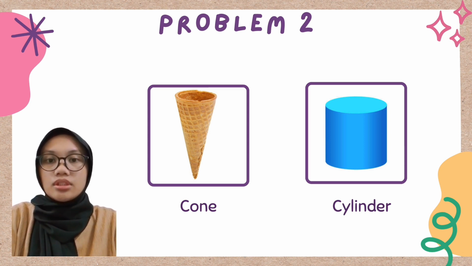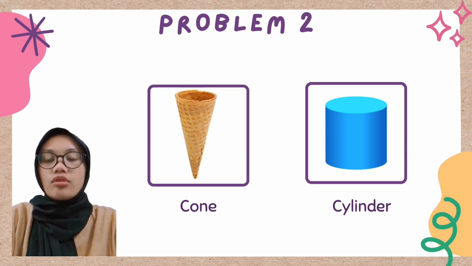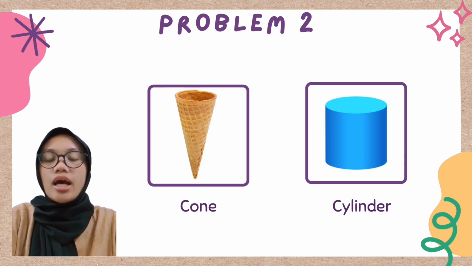For example, people can stand the ice cream on the table while opening the bottle's cap to drink, and continue to eat the ice cream that stood before. Both shapes have the same diameter, which is 40 mm, and height of 80 mm. The diameter needs to be divided by 2 to get the value of radius, which is used in the formulas of area and volume of cone and cylinder.